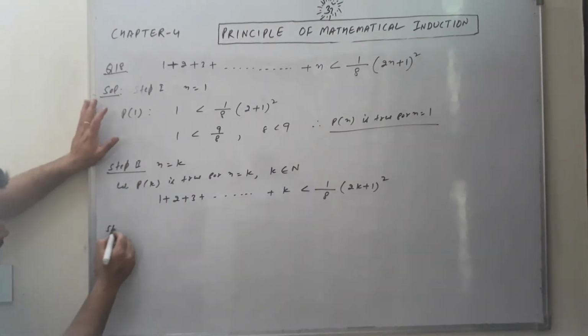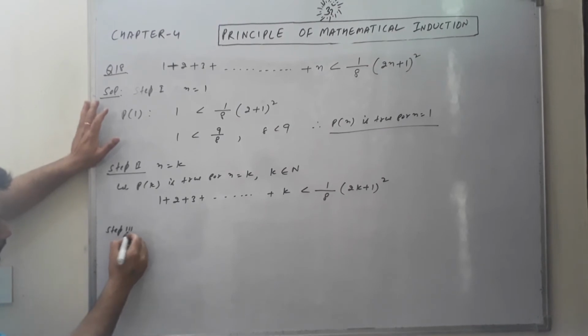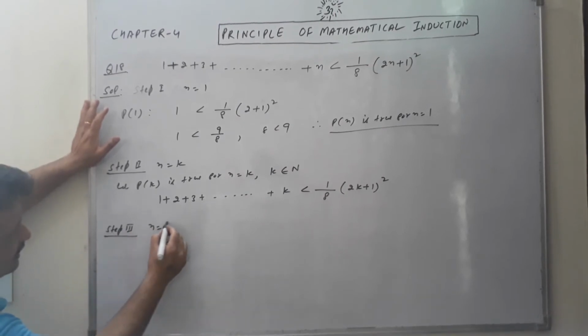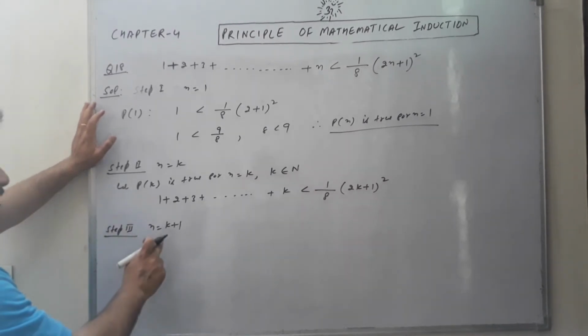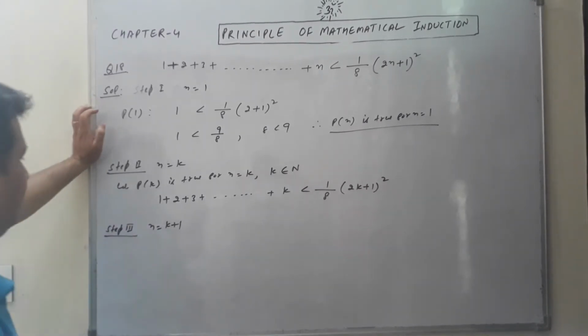Now step number 3, that is n equal to k plus 1. So here we shall prove that this is also true for k plus 1.